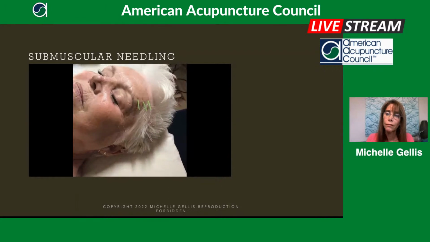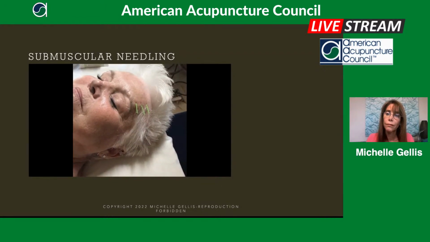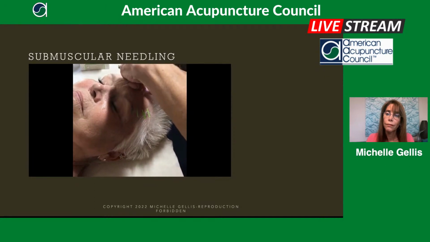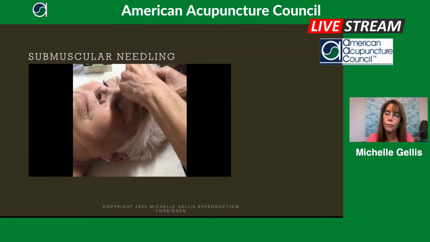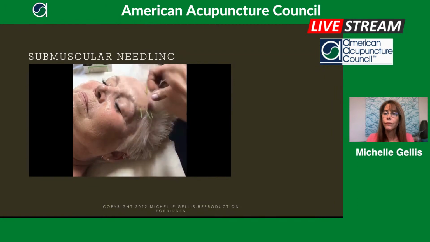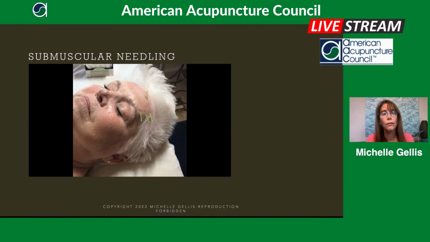That's the lateral side. Then you're going to do the medial side, and usually 2 needles will suffice. And I do the one side, and then I do the other side.